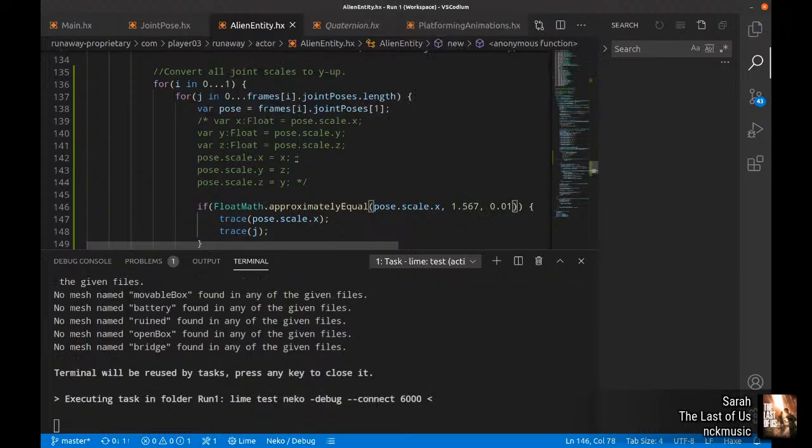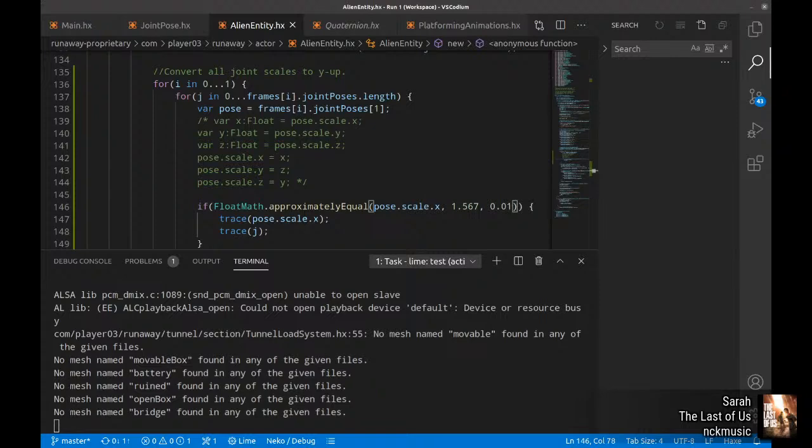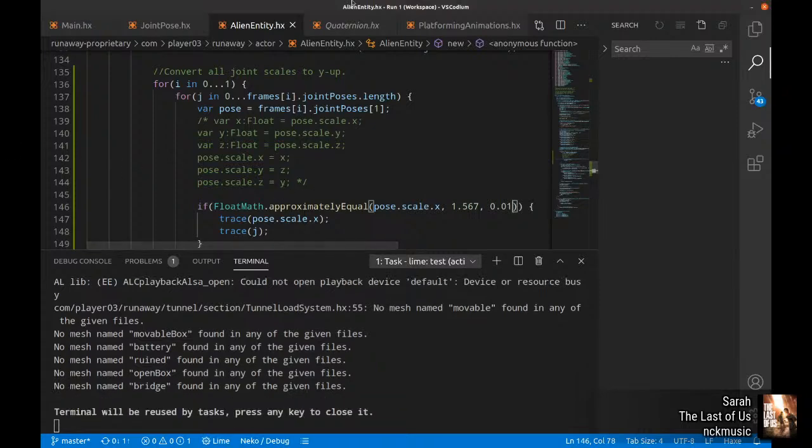I was hoping it would be exact. It's a lot less typing, and I don't have to have an approximate. No, it's still not.